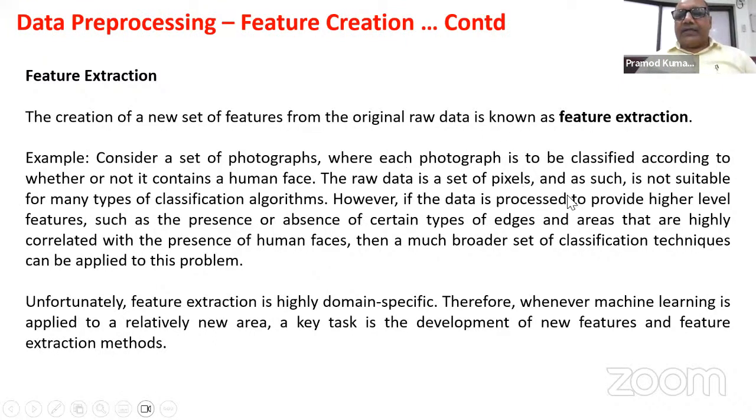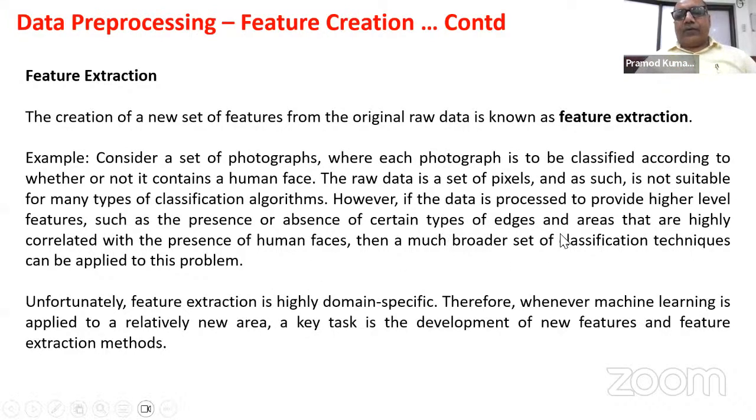However, if the data is processed to provide higher level features, such as the presence or absence of types of edges or areas that are highly correlated with the presence of human faces, then a much broader set of classification techniques can be applied to this problem. Those who are into image processing can understand this in a much better way.